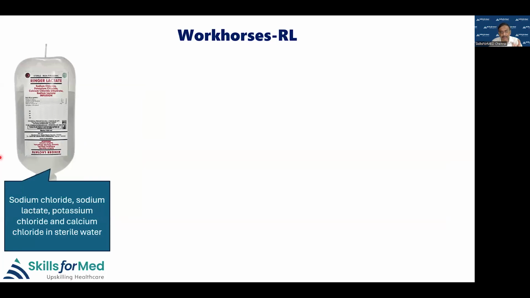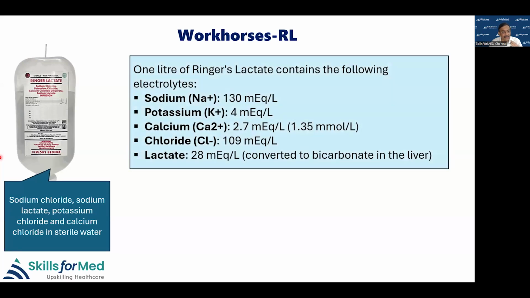The second workhorse is Ringer's lactate. It is a much more complex solution which has sodium chloride, sodium lactate, potassium chloride, calcium chloride in sterile water. And these are the salts which are therein: sodium 130, potassium 4 milliequivalents, calcium 2.7, chloride 109, and lactate 20 milliequivalents, which is converted to bicarb in the liver. So basically, this is almost having the concentration of electrolytes as plasma.